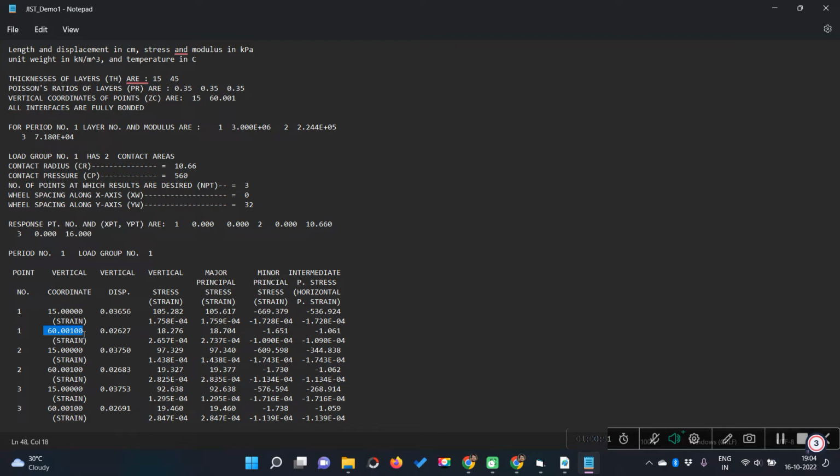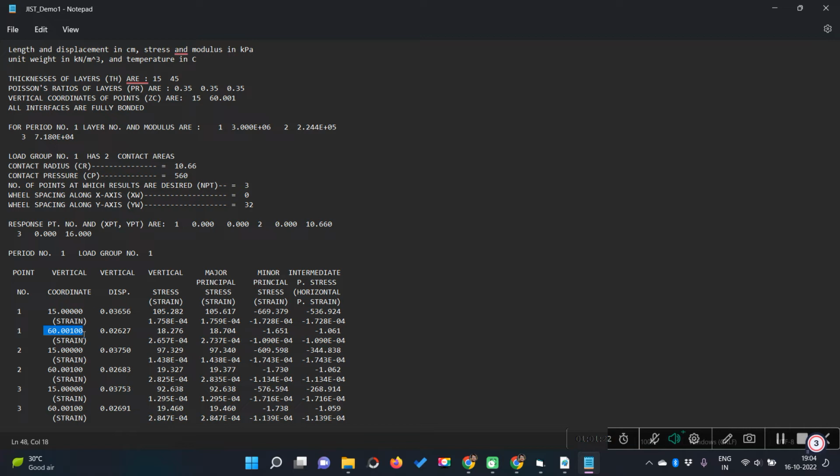So z is equal to 15, sir. These are the corresponding values. Can you come to my second screen? Yes, where epsilon v is being shown, this vertical strain.